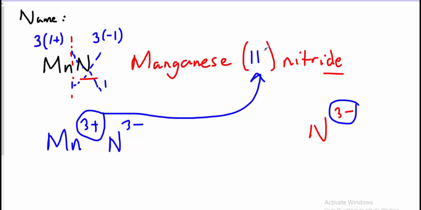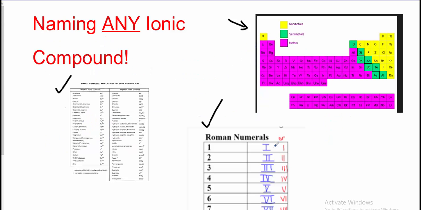Remember, you do have that chart in the lessons, and you may like to even just print that out for yourself, or write it down somewhere on a sticky note that shows you how to write all the different Roman numerals from 1 to 7, which are the ones that we commonly use in chemistry. So there's my answer, manganese 3-nitride.